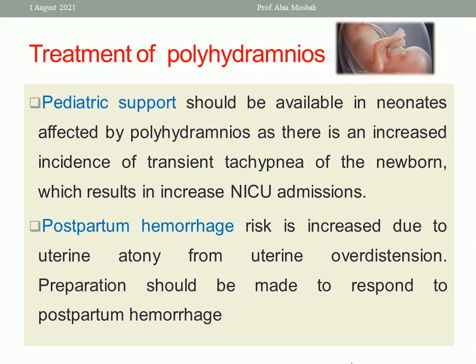Pediatric support should be available in neonates affected by polyhydramnios, as there is an increased incidence of transient tachypnea of the newborn, which results in increased ICU admission. Also, there is maternal risk of postpartum hemorrhage due to uterine overdistension.